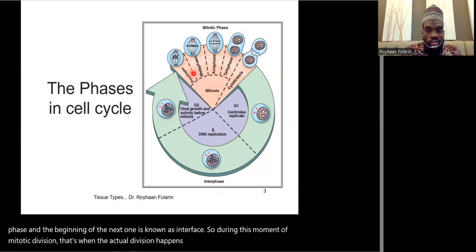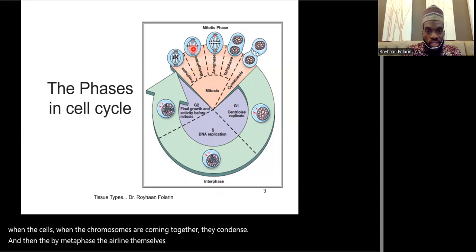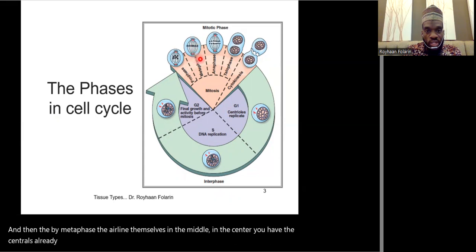The first stage of that is the prophase, when the chromosomes are coming together, they condense, and then by metaphase, they align themselves in the center, with the centrioles already taking their position at the opposite ends.